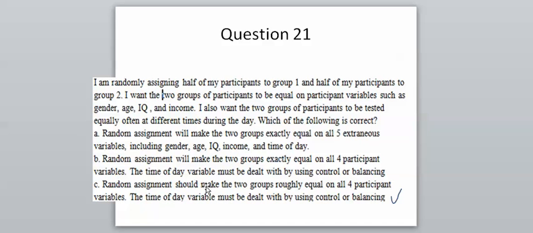So if I want to make sure that they're tested at the same time of day, I can't count on random assignment making that happen. Random assignment will only make them equal on personal characteristics that they bring into the study with them.